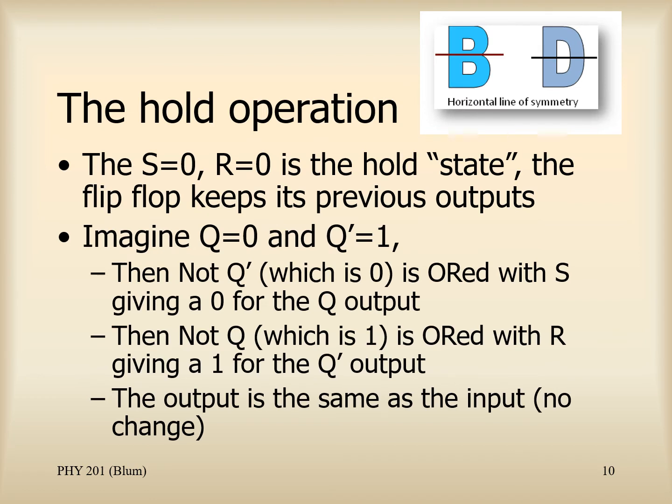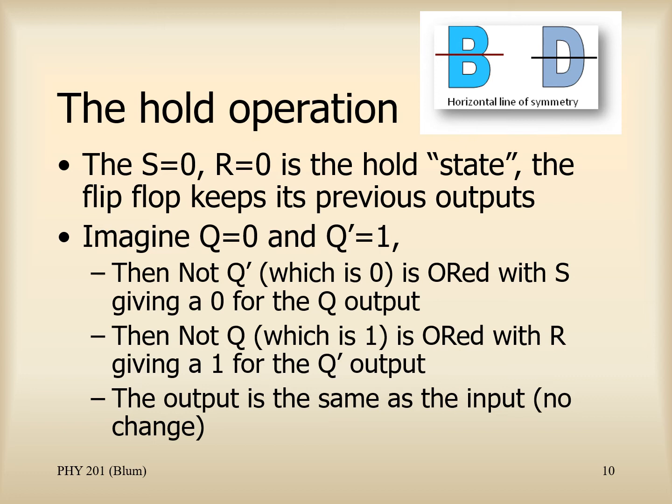Now the RS flip-flop circuitry is symmetric, so it's not surprising then if the state where Q is 0 and Q prime were 1, that the inputs S equals 0 and R equals 0 holds that state as well. Let's just talk through it. So if Q prime were 1, then not Q prime would be a 0. That is fed up into the upper OR gate along with the S, which was a 0, and 0 ORed with 0 gives 0, keeping the Q output low.